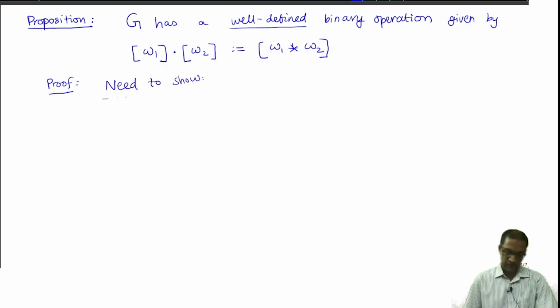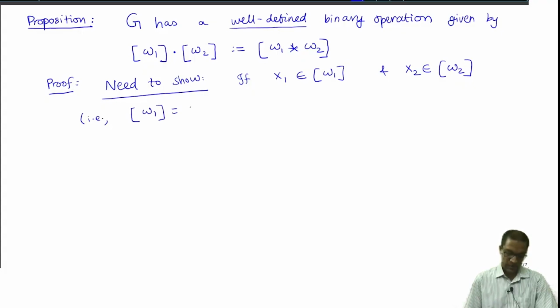What if I pick different representatives? If x1 is another representative, it belongs to this equivalence class, and I pick a different representative x2 from the equivalence class W2, then what does that mean? I.e., instead of taking W1 as my representative, I am thinking of x1 as my representative of that class, and similarly for W2. Okay, so I'm changing my representative.